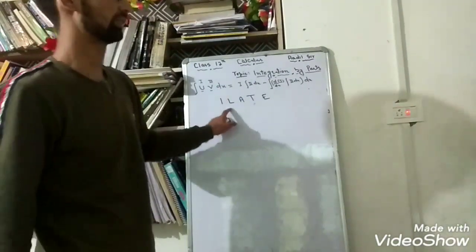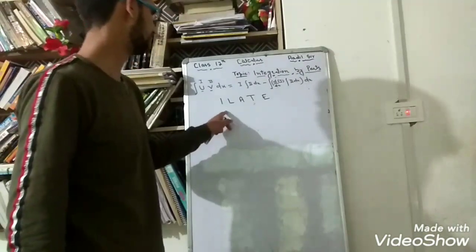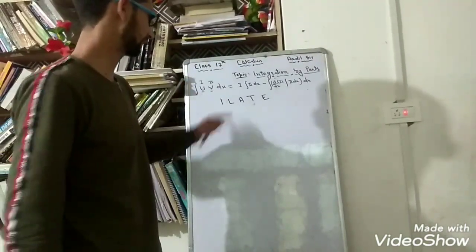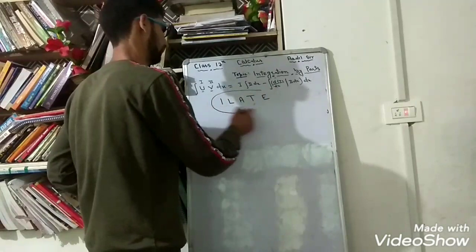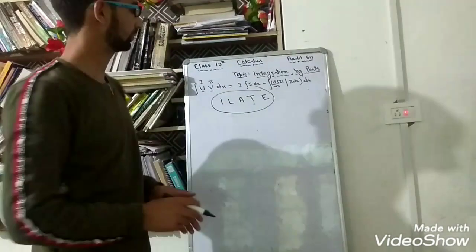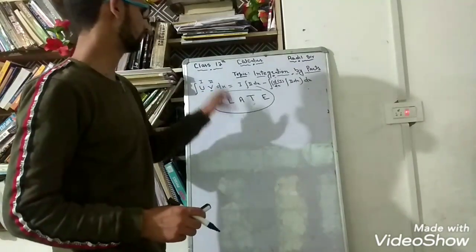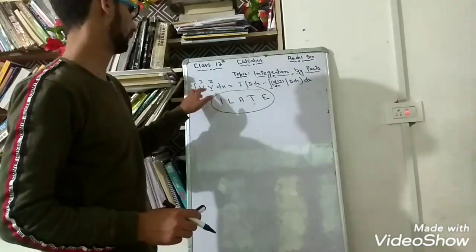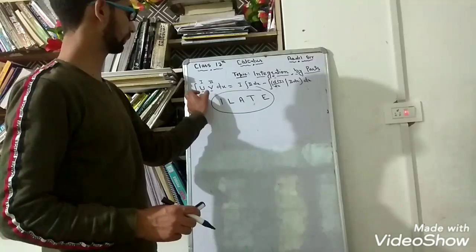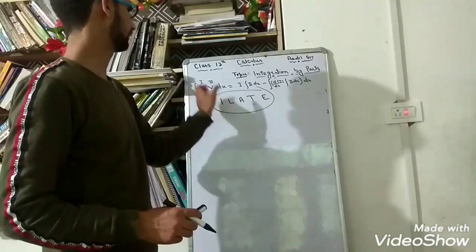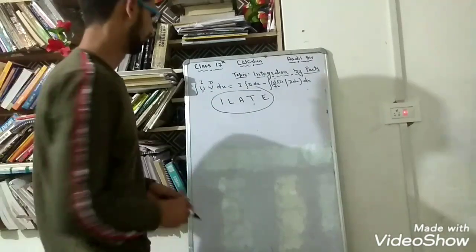This is the rule that you have to memorize, beta, because with the help of this word you can solve so many integrals. With the help of this, you will consider between two functions which one is first and which one is second.